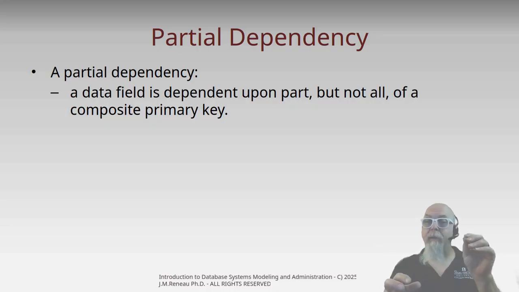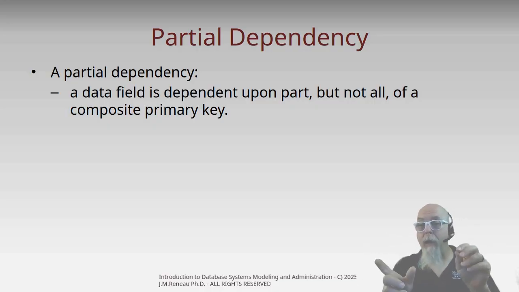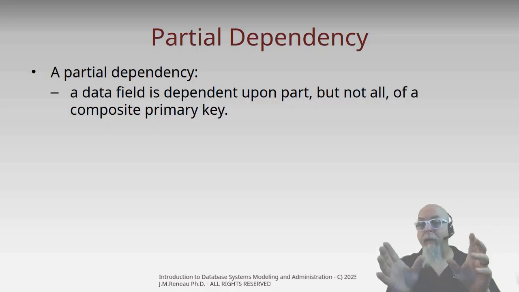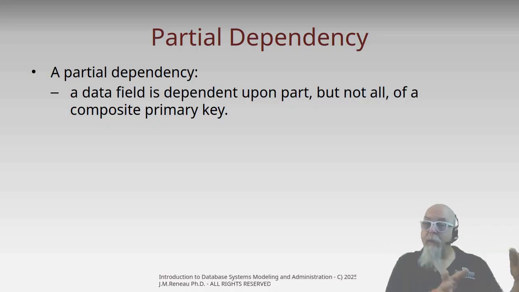So if it's dependent upon, like, the customer is part of the primary key, or the item number is part of the primary key, or the state abbreviation is part of the primary key, great. We need to split that data out and remove that attribute from the primary key by implementing a foreign key relationship.